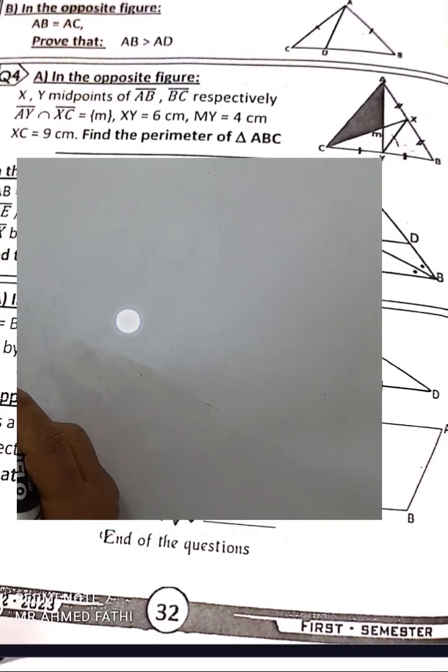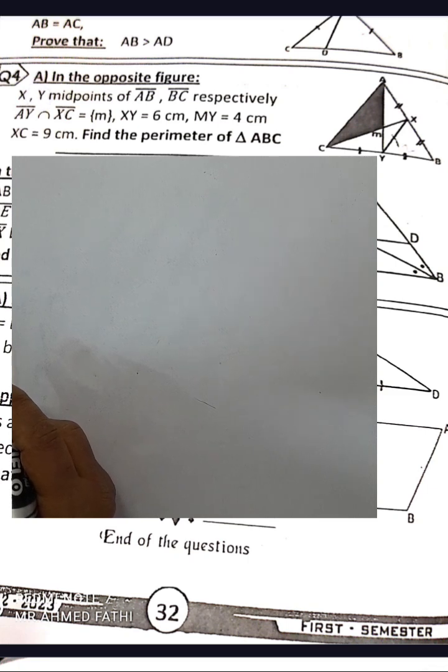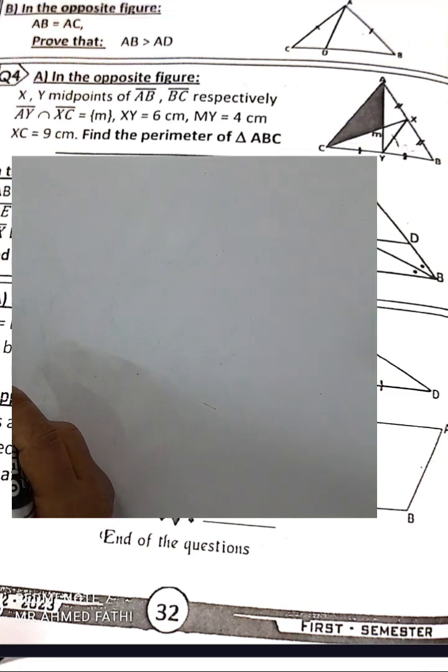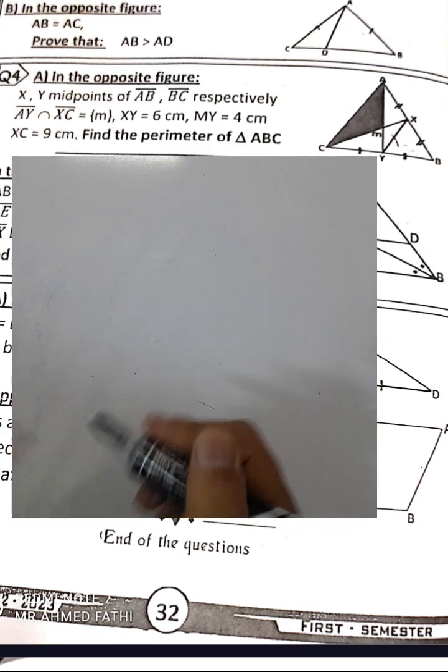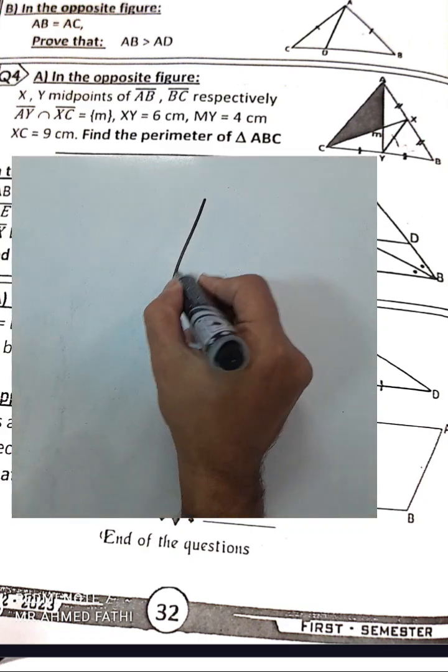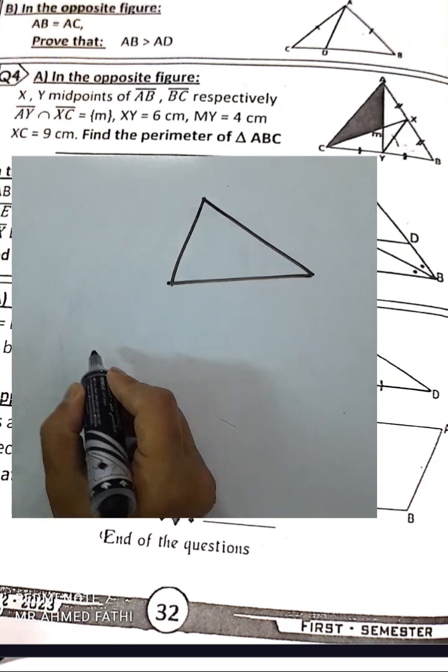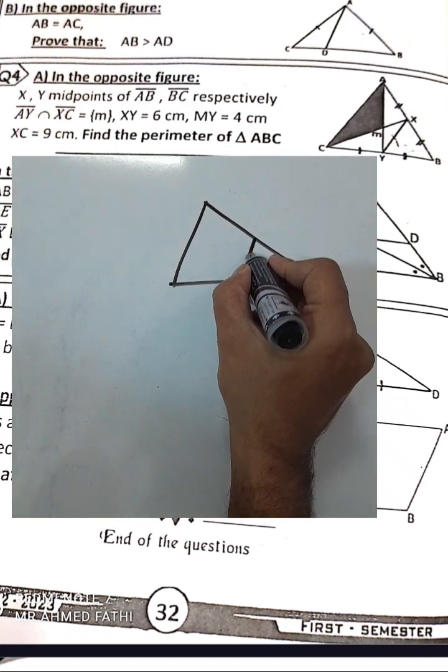Next question. We have here a triangle, question number 4. This triangle, you want to find the perimeter of triangle ABC. I will draw here this example. We have a triangle and 2 medians.